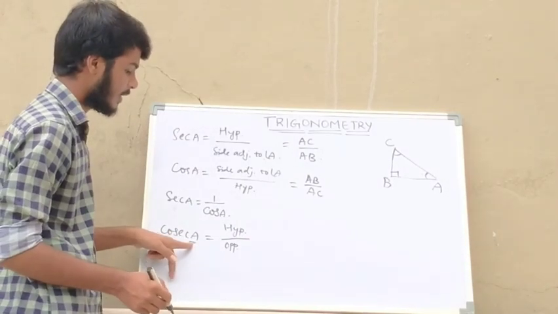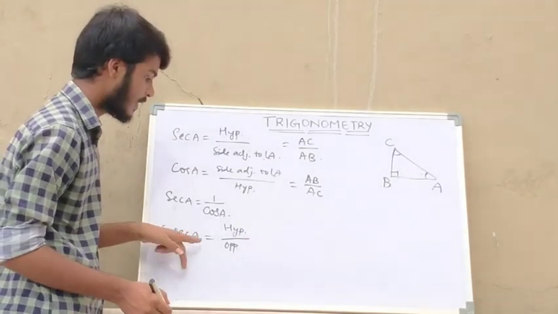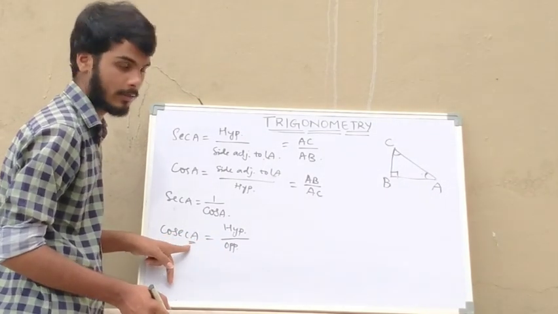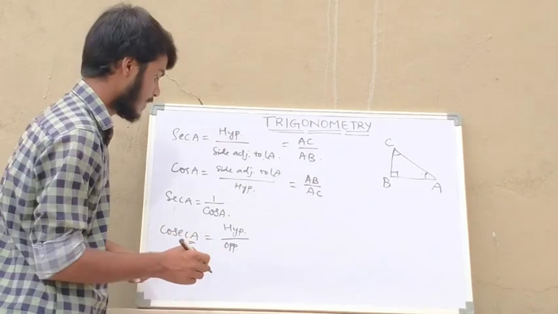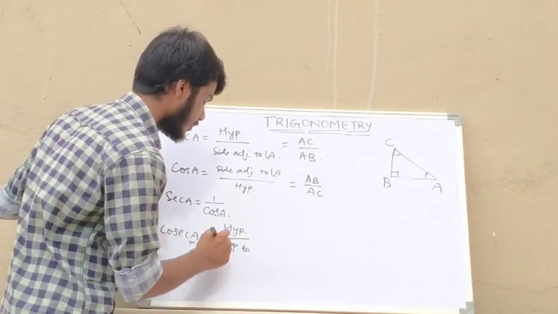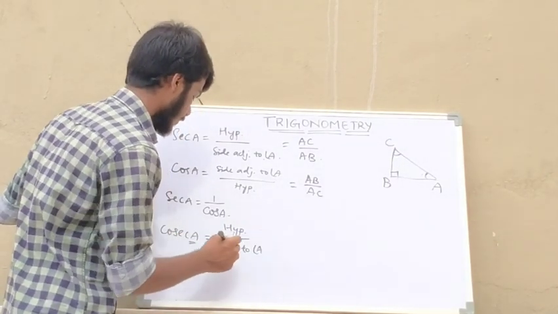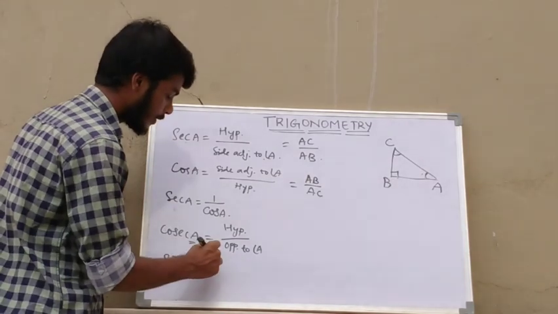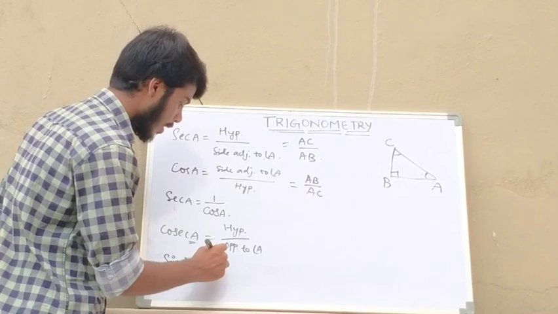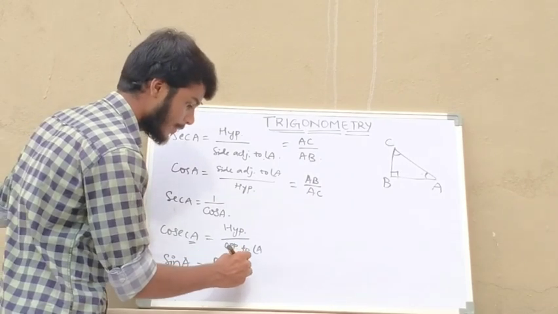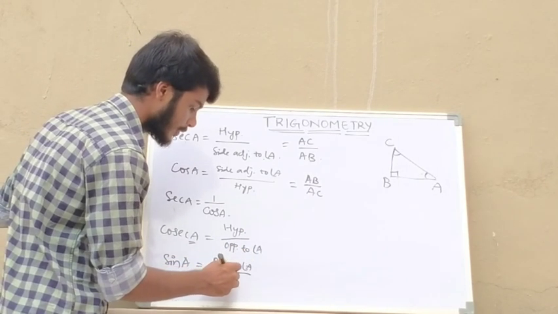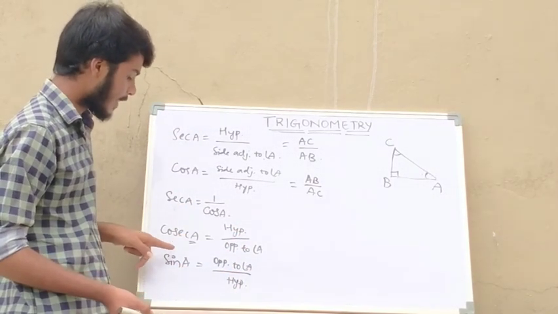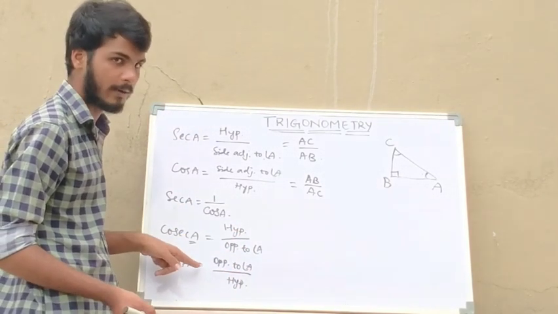If here it is B, then opposite to angle B; if here it is A, opposite to angle A. Hence, the side opposite to angle A. When it comes to sin A, it equals opposite to angle A by hypotenuse. Here we can check that cosecant A and sin A both are reciprocals again.